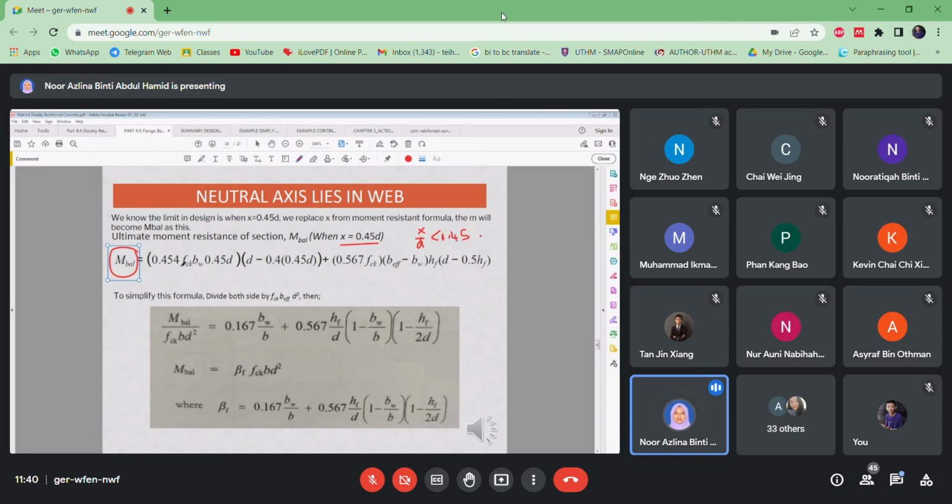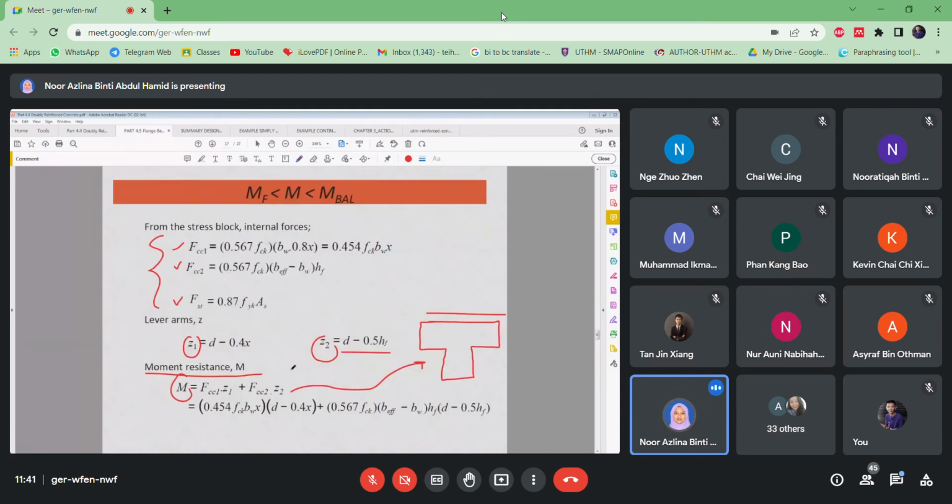So from these equations, you need to replace all the x to be 0.45d in the equations here. So this is the simplification of the equation of balance, which you will need to use to compare the moments. Is it less or more than the M balance?